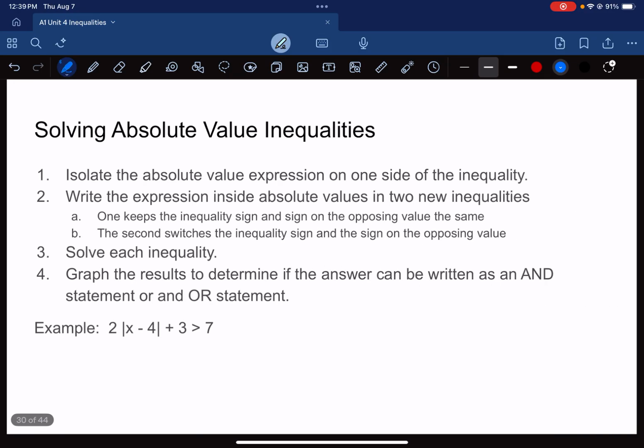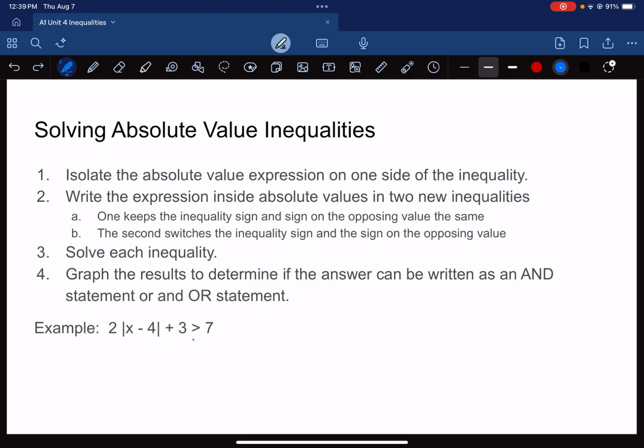Okay? So to solve them, you just isolate the absolute value expression on one side of the inequality. So that means on the left side down here, I've got to get the absolute value portion, this portion by itself. So I've got to get rid of the 2 and the 3. That's what that means. Write the expression inside absolute values in 2 new inequalities. So I'm going to rewrite x minus 4 with 2 new inequalities.